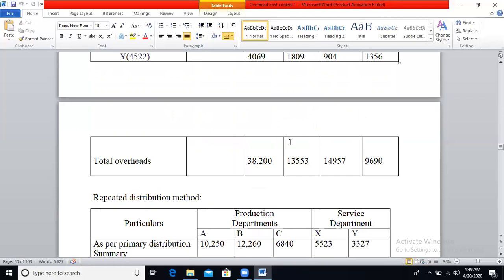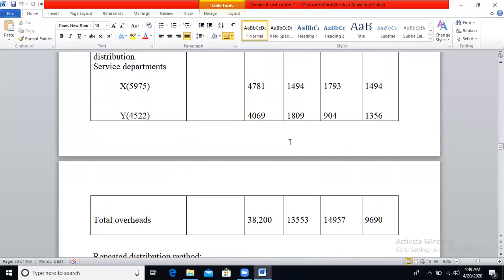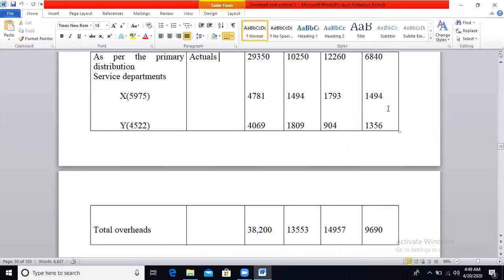And simultaneous equation method means using simultaneous equations, you form the equations, calculate the service department values X and Y, and reapportion those values only to the production departments on the basis of percentages.